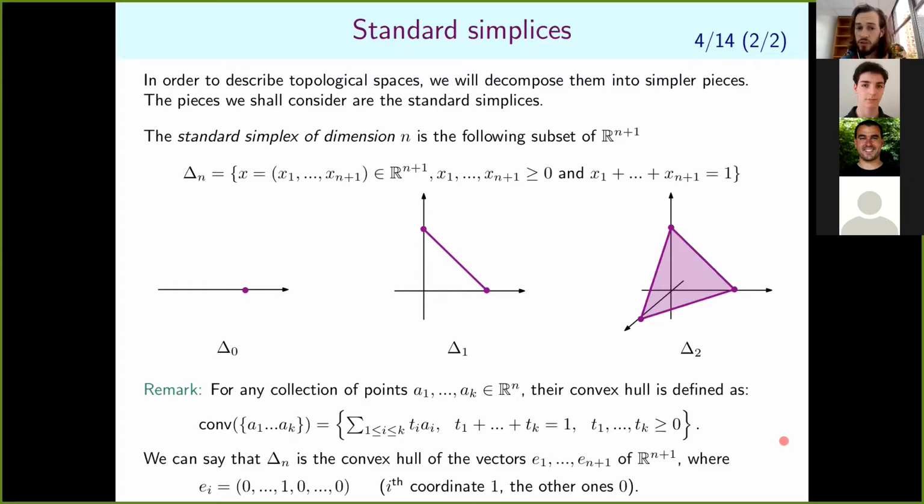And thanks to this notion, we can say that the standard simplex simply is the convex hull of the canonical basis of R^(n+1). The canonical basis being the vectors e_1, e_2, etc., e_(n+1), where e_i is a vector with 0 coordinates everywhere but at the ith coordinate, where you have a 1.